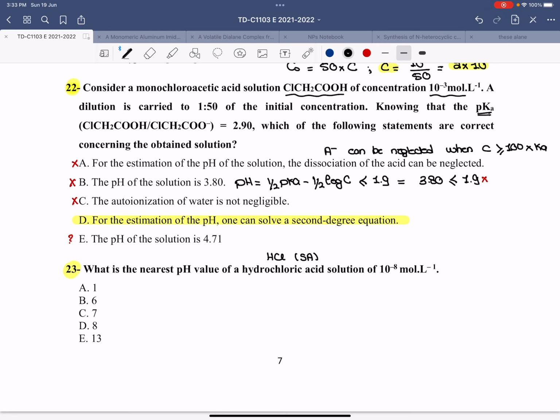And the concentration is 10 to the negative 8. Remember the validities: if the concentration is greater than 3.2 times 10 to the power negative 7, then the pH is minus log H3O plus. If it's less or equal than 1 times 10 to the power negative 8, the pH is 7. So, very quickly, 7. Look at the validities.